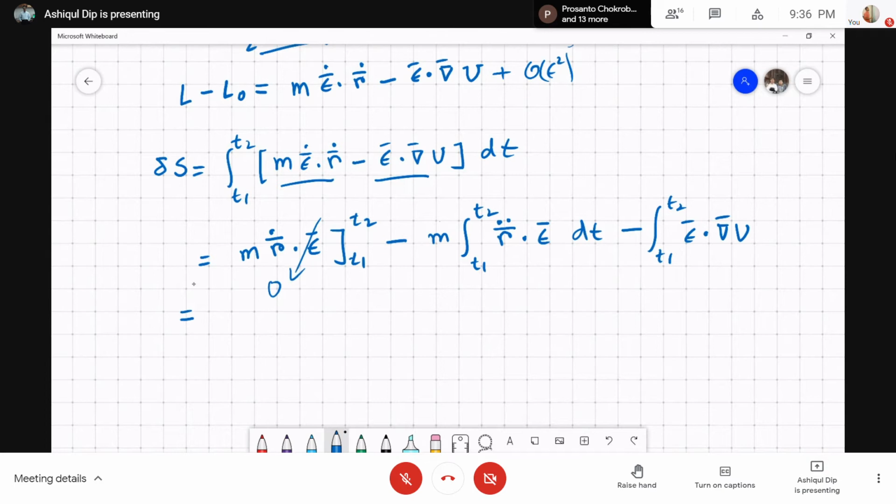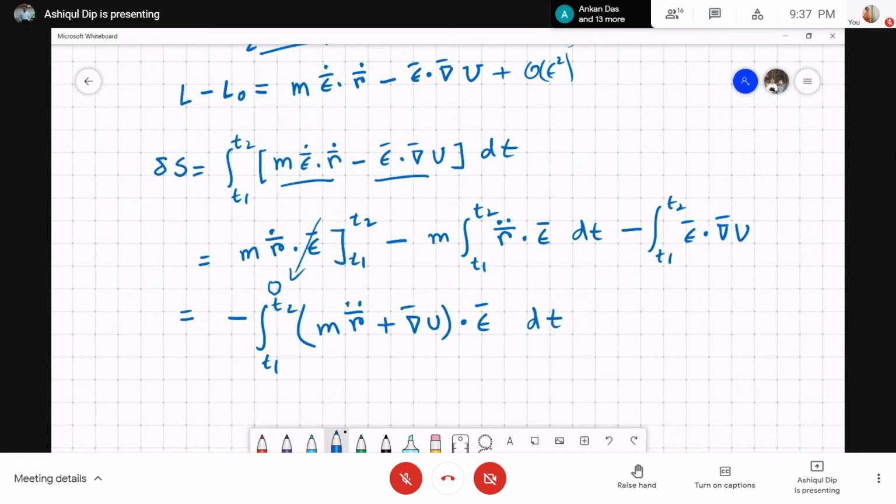So finally we end up having negative integration t1 up to t2 of M r double dot plus gradient of U, dot epsilon dt, right?